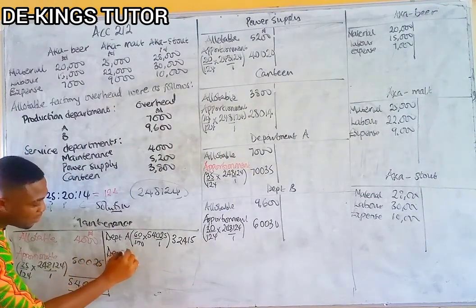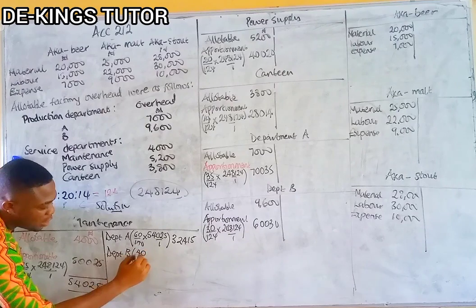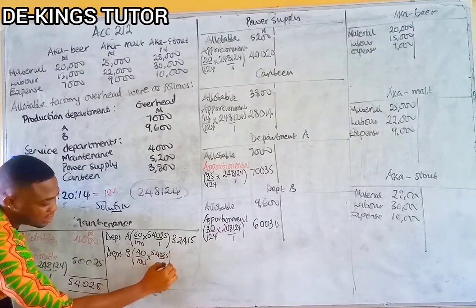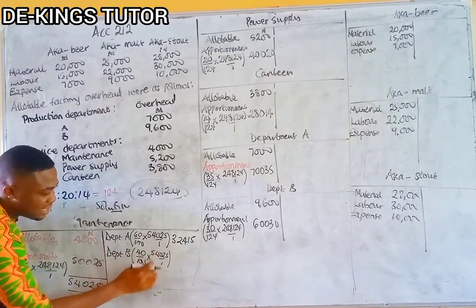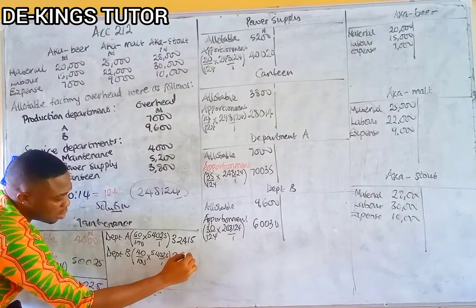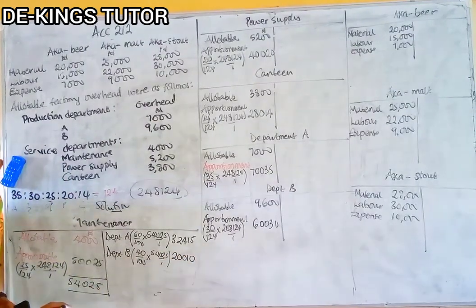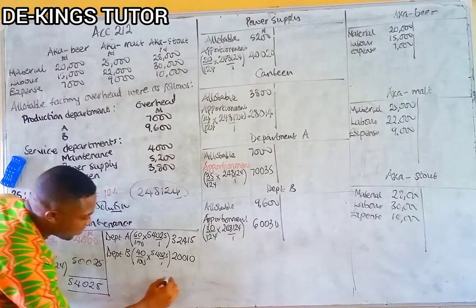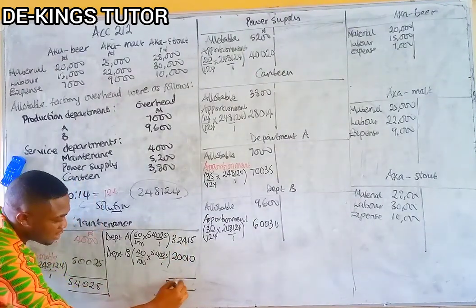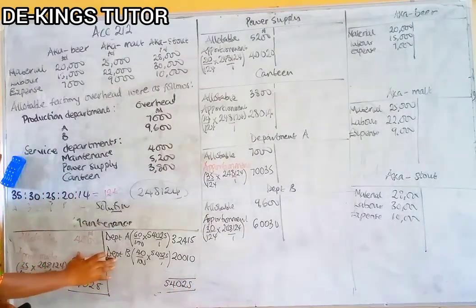So department B is 40 over 100 times 54025 over 1. What do we have? 20010. If we now add these two, it will still give us 54025. So you see how we balance this?